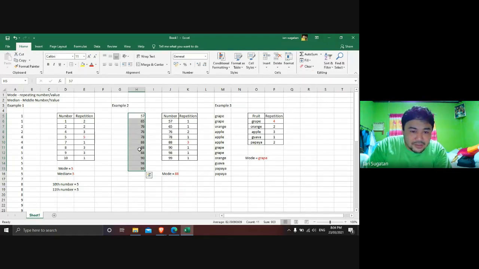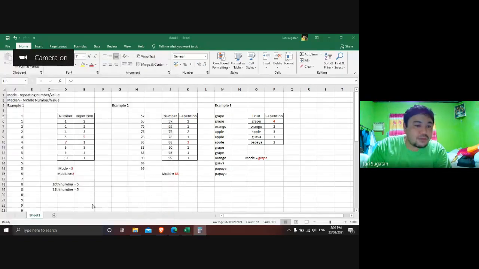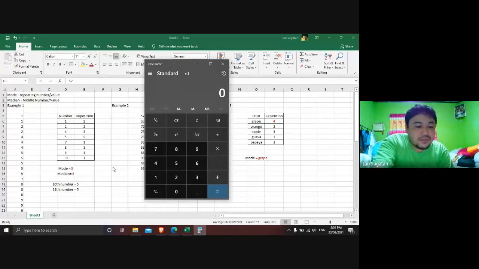So after this, bulon nyo yung tunga-tunga ka 11. So you can use the calculator or whatever. So you have 11 divided by 2 will give you 5.5. So it means ika number 6.